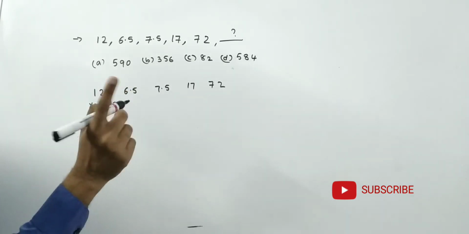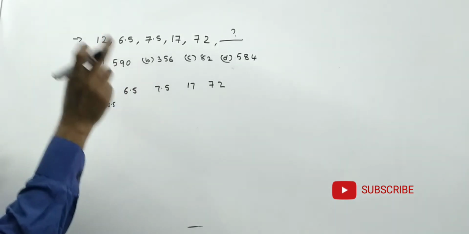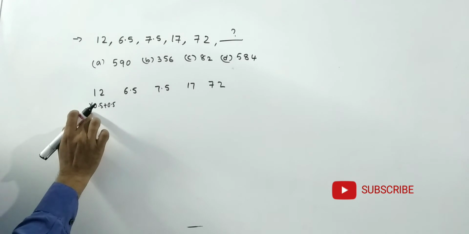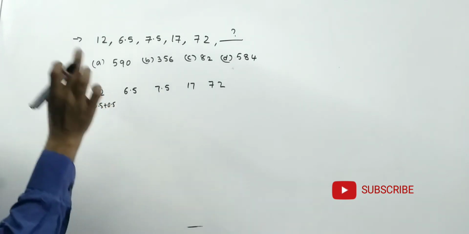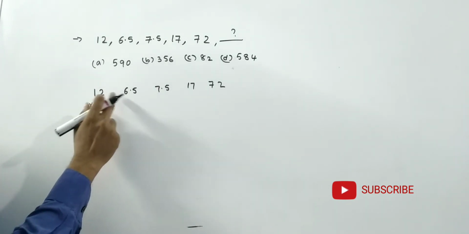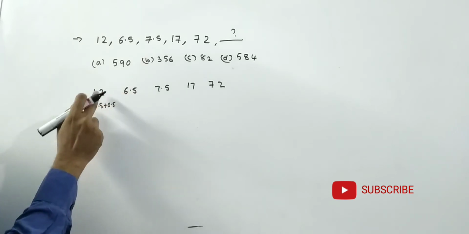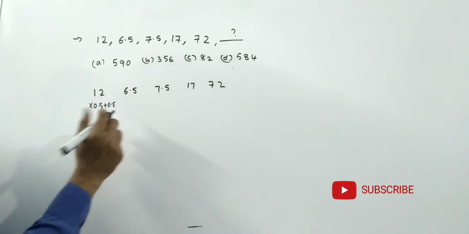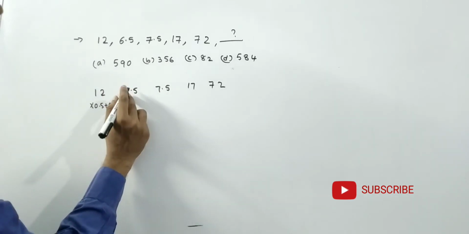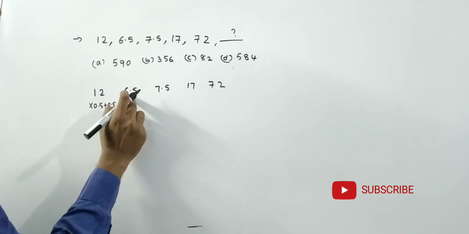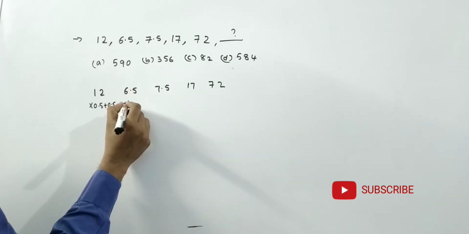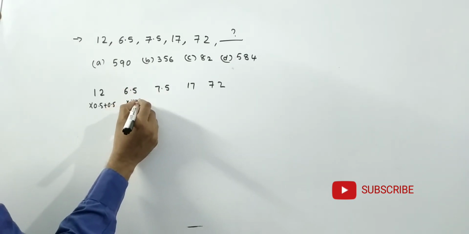In previous sessions also we discussed, if this type of problem comes, you straight away go for multiplying with 0.5 and check. 6.5 is almost half of 12, that means times 0.5 plus 0.5. Then 6.5 times 1 is 6.5, and here 7.5 is there, that means times 1 plus 1.